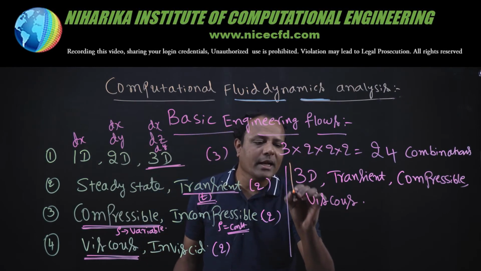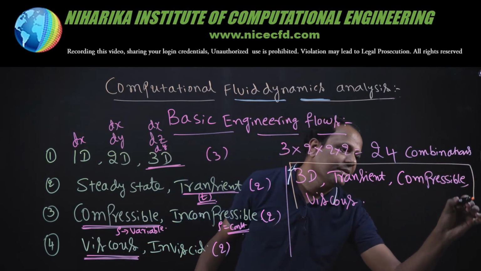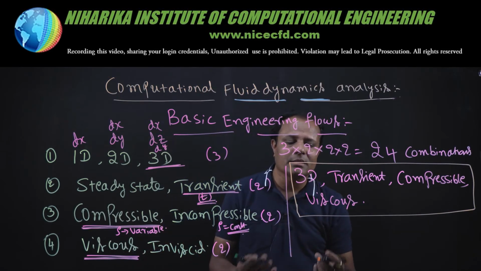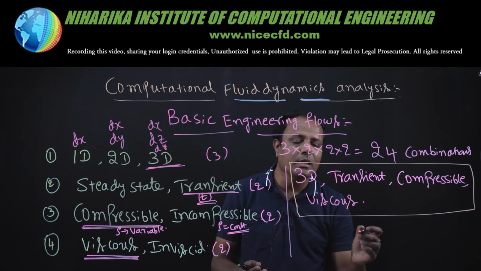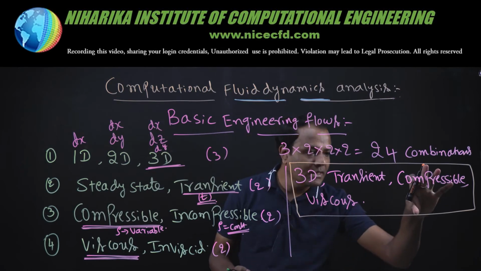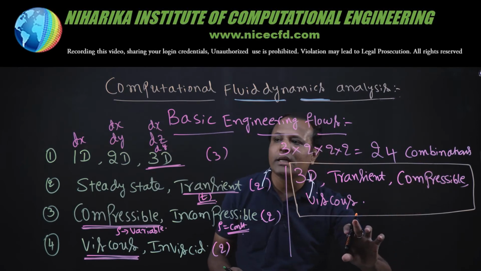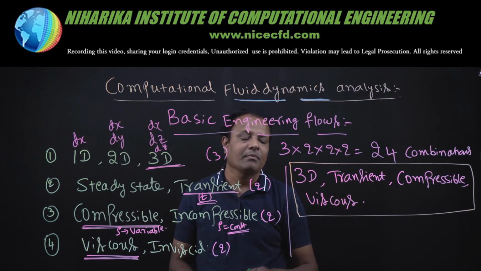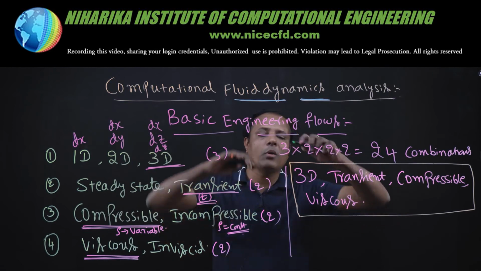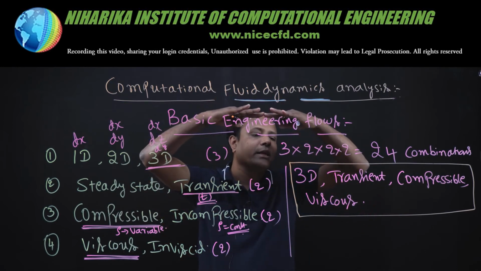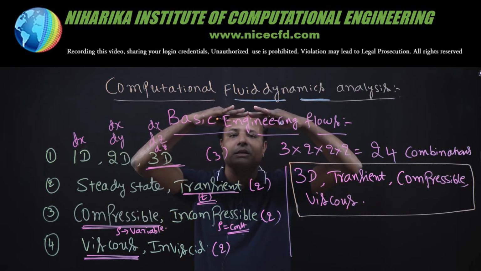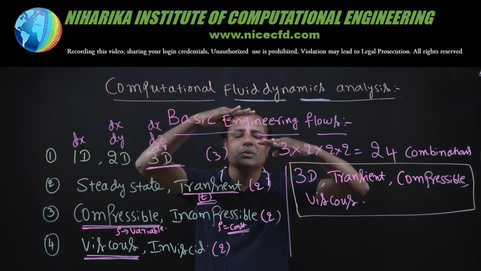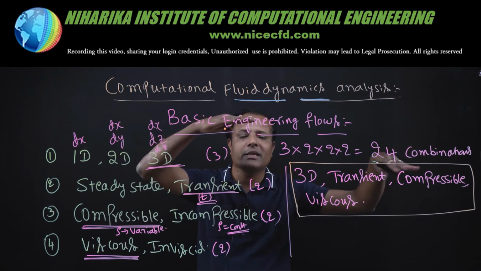So, 3D transient compressible viscous. This combination contains the terms applicable to itself as well as the remaining 23 combinations. That means this is the above-all one: 3D transient compressible viscous. You keep on equating some terms to 0, and you will get the remaining 23 combinations.